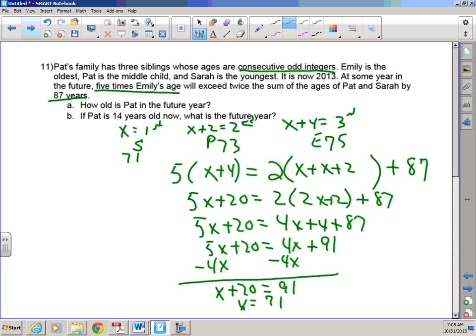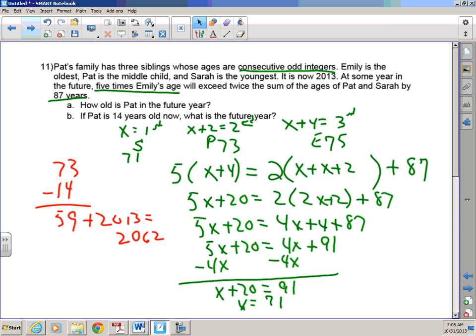So Pat is 73 in the future. So if she's 14 now, I subtract those to find out that we're talking about 59 years from now. So 59 plus 2013 means we're talking about 2062. Should I live that long? Okay?